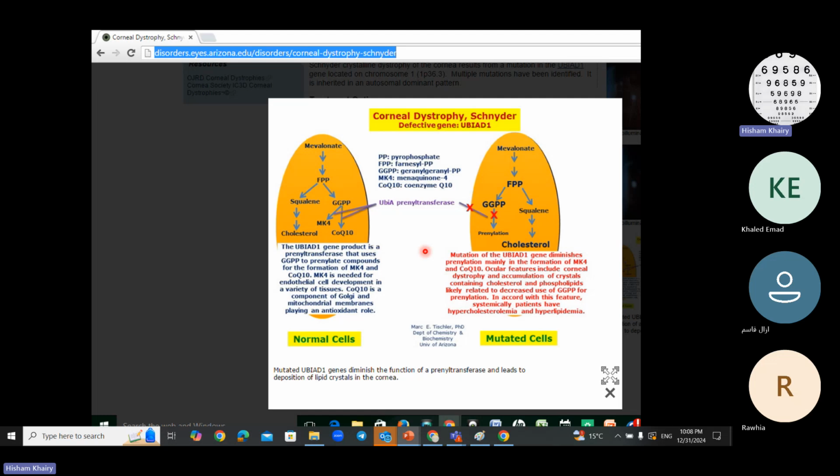Squalene goes into cholesterol, or GGPP goes into MK4 or another product. This is normal.